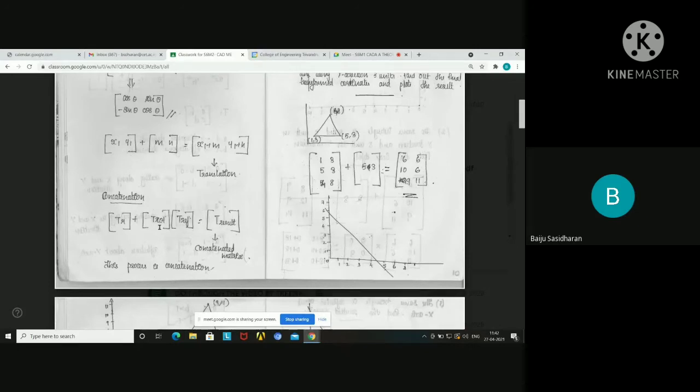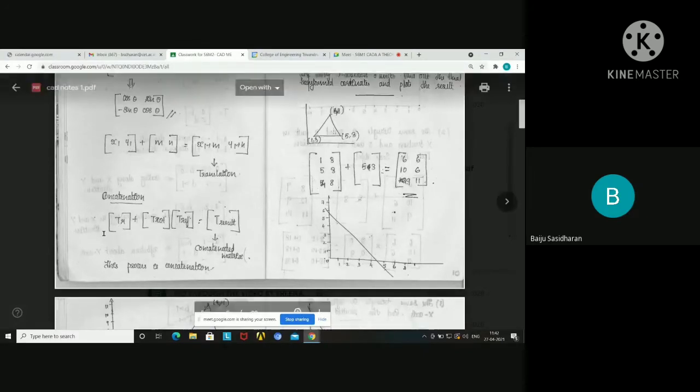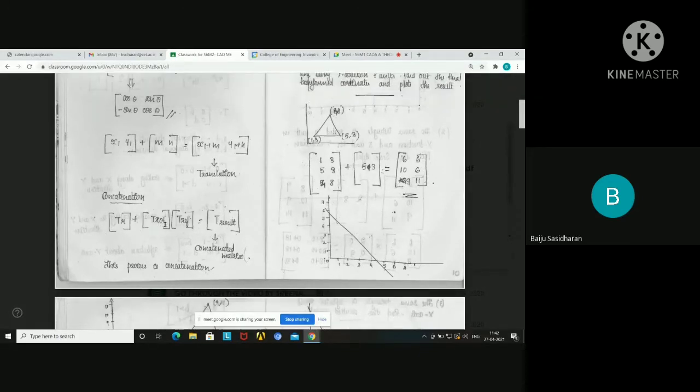In that case, the translation matrix is to be added to the original coordinate values. That should be multiplied with the transformation operator for rotation and the transformation operator for reflection. Then finally you will get the transformed coordinates.